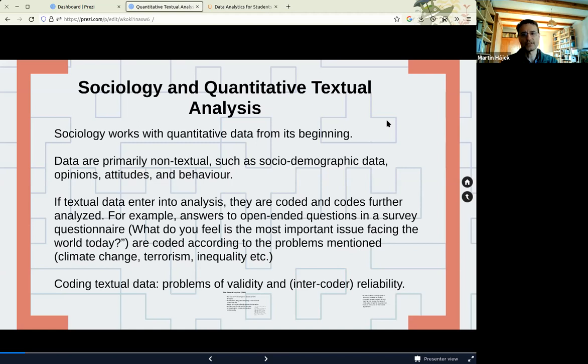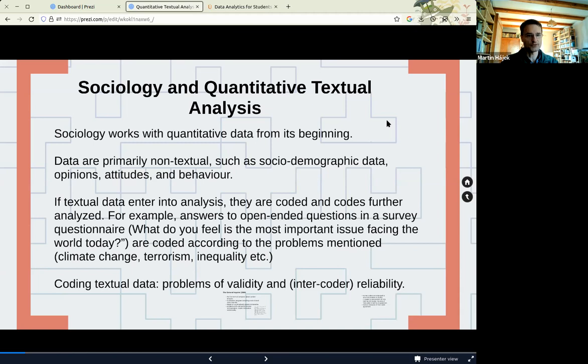And if textual data enter into analysis, it's often or mostly in the form of answers to open-ended questions in a survey questionnaire. For example, what do you feel is the most important issue facing the world today? Or what is your preferred place for a trip?